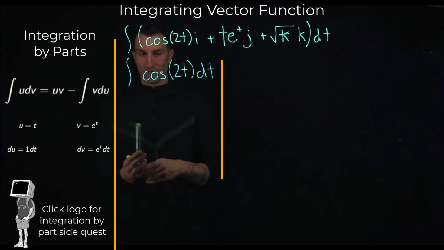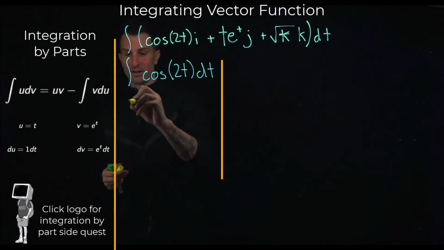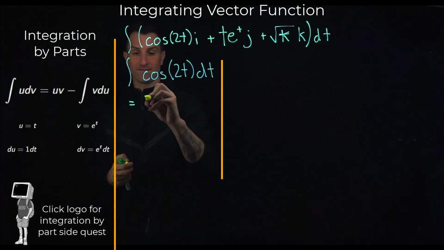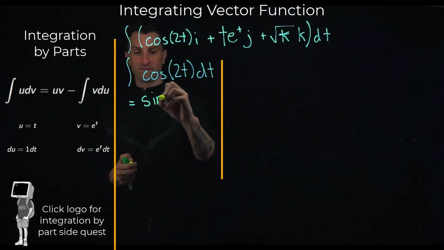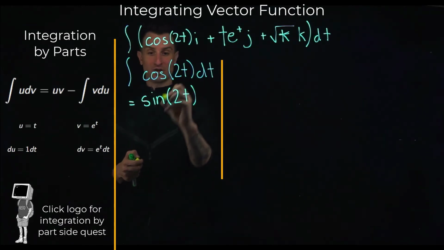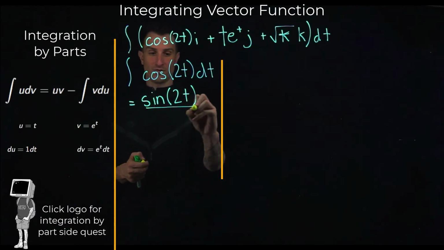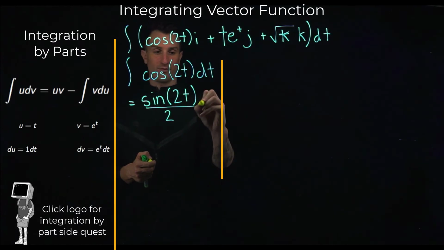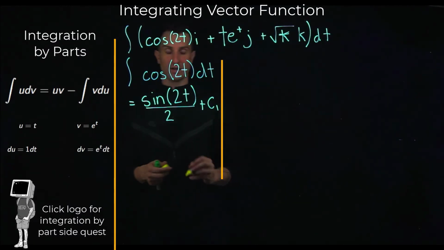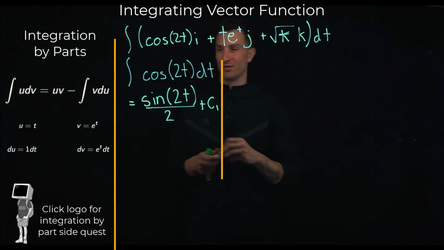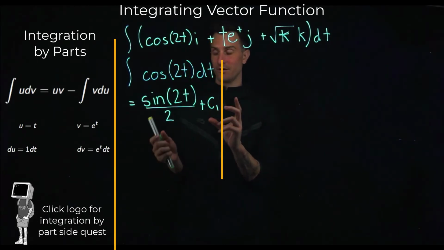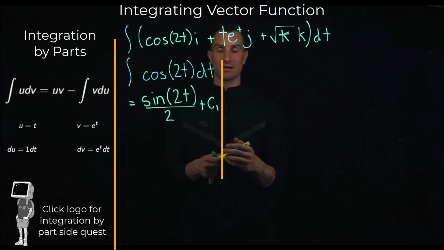So when we solve this integral, the backward step from a positive cosine is going to be a positive sine, and instead of multiplying by 2, we're just going to divide by 2. I'm going to put a plus C1 here. All right, so this is our first one. It's kind of like a mini U sub if you want to do U sub, or if you've done them enough, we can see the pattern that goes with this.